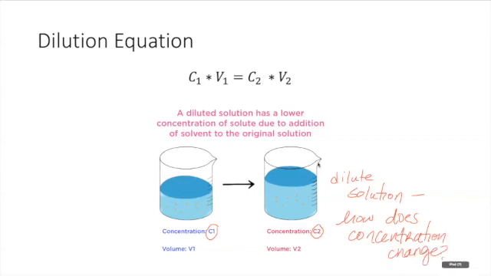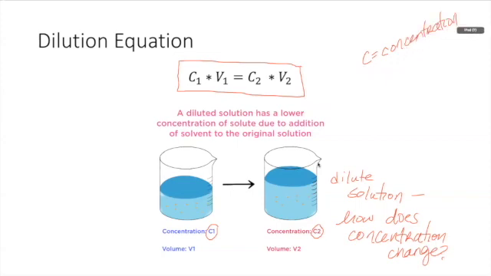And so somebody out there developed this formula, C1 times V1 equals C2 times V2, where C is the concentration and V is volume.